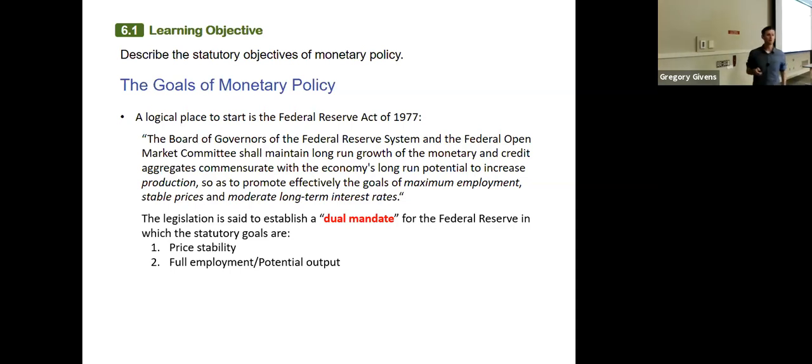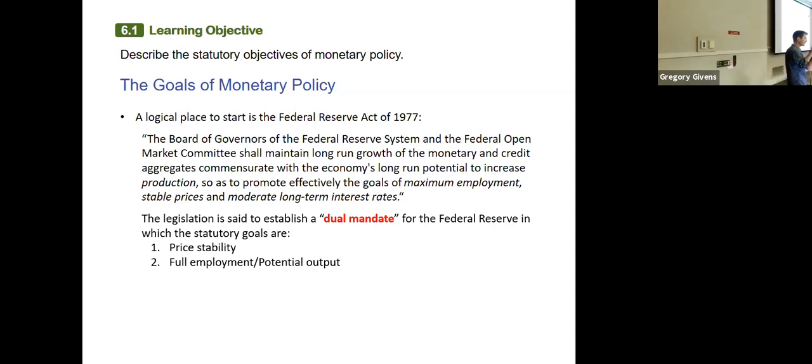Those statutory objectives are regarded as price stability, which goes hand in hand with long-term interest rates, and maximum sustainable employment. Or alternatively, you can view this as the economy achieving a level of output that equals its long-run potential level of output. That's what the Fed means by its dual mandate, okay?